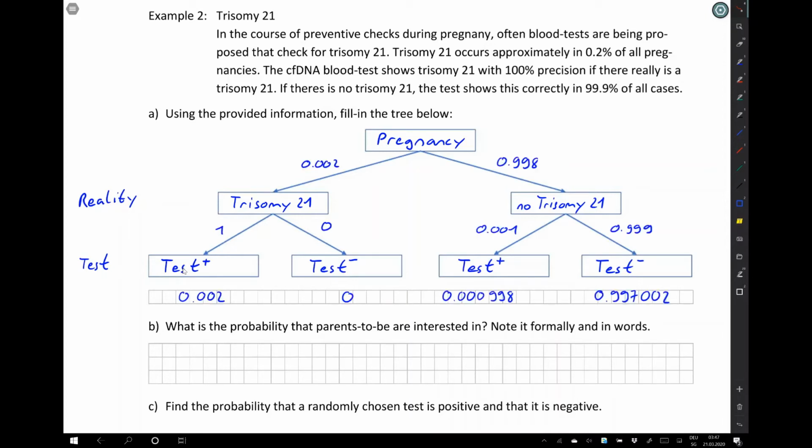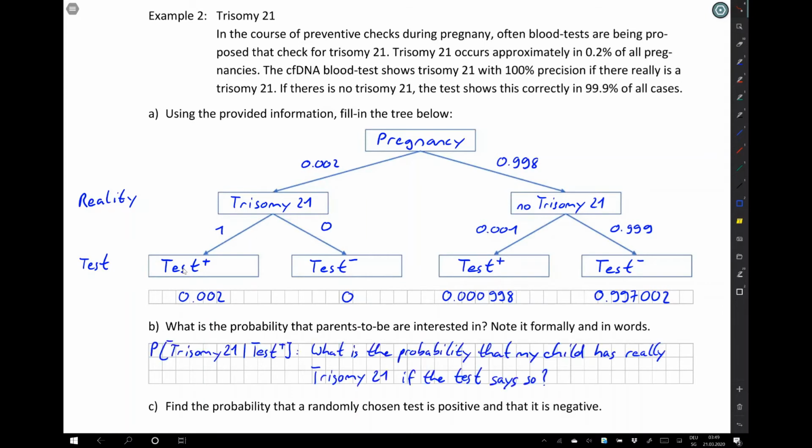Now answer question B. Stop the film, and here comes the result. It is the probability of trisomy 21 given that the test is positive. So what is the probability that my child has real trisomy 21 if the test says so? Well, try to answer that, give it a guess, and we'll calculate it now.